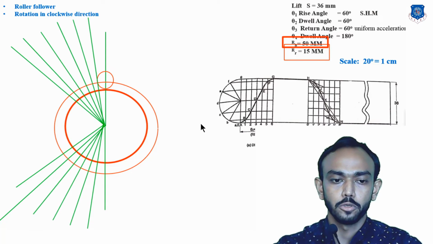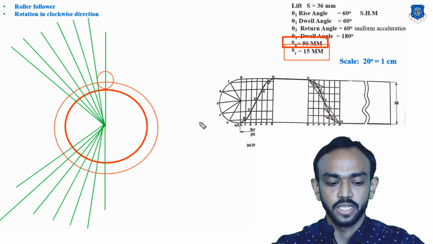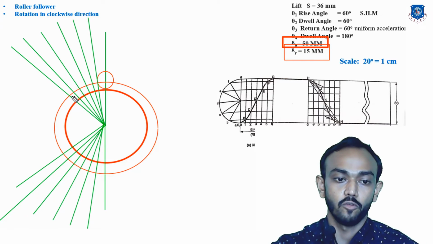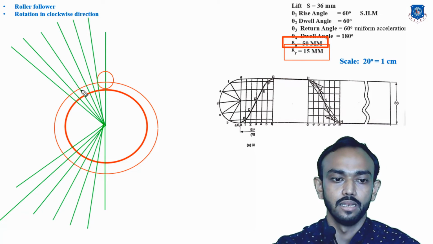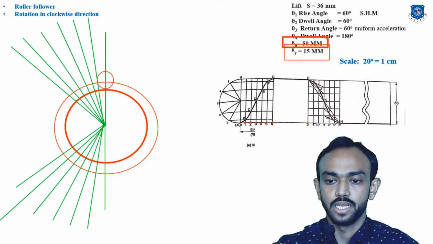Now what you are going to do, give the notation here, notation on the prime circle. Remember that you have given here 0, 1, 2, 3, 4, 5 and 6. In return, 0 dash, 1 dash, 2 dash.